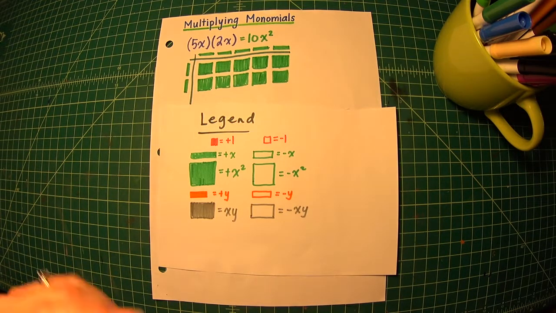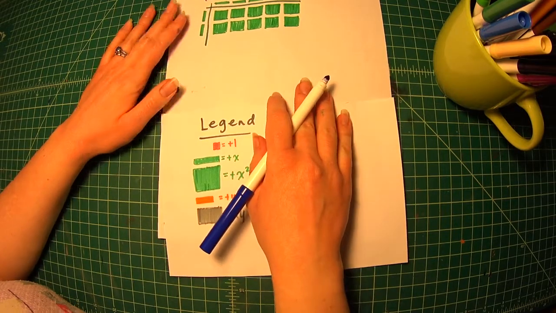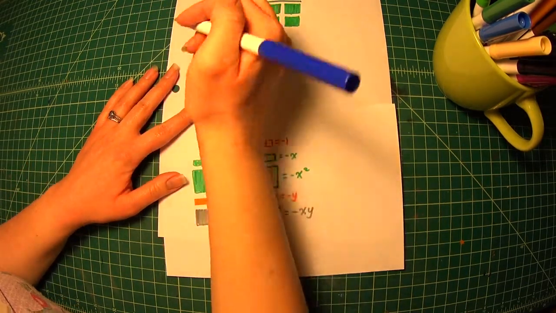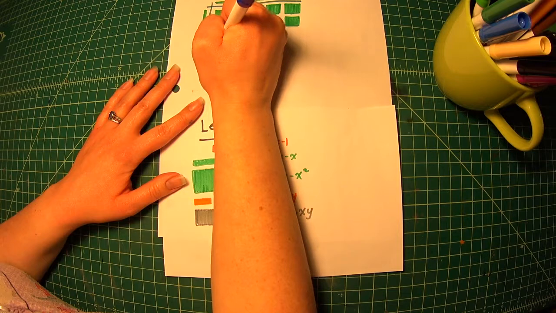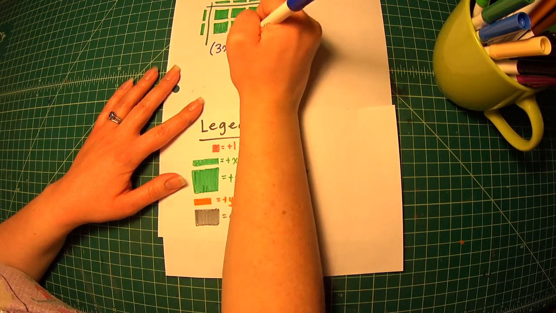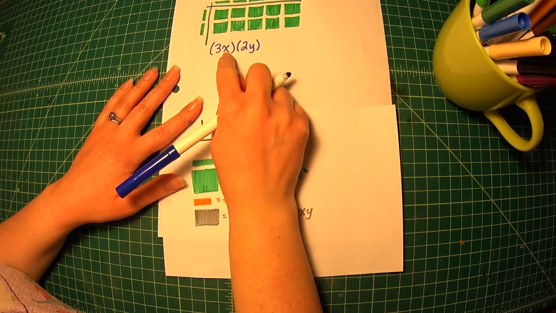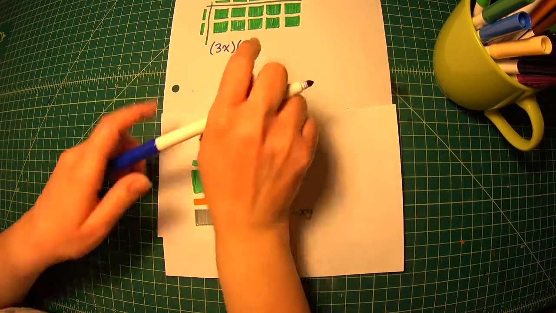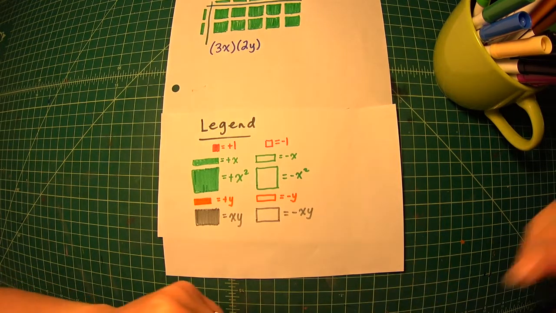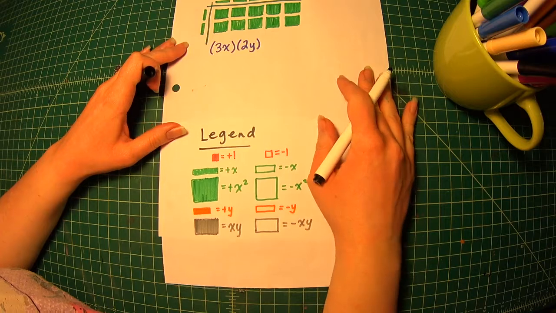Another example that I'll give you is 3x times 2y. This one is a bit different because we have different variables, but we're going to start the same way. We need to start with a frame.